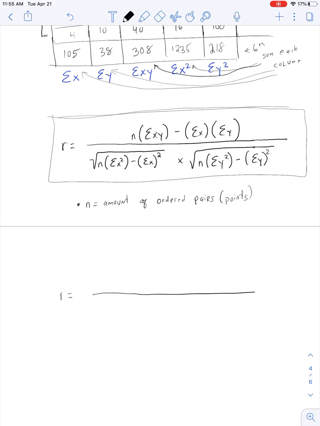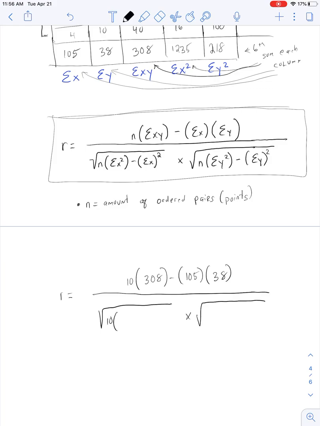We have r equals, we put a 10. Our summation of xy is right here, so that's 308. Minus the quantity, our summation of x is 105. Our summation of y is 38. I'll make sure we have 2 square roots.